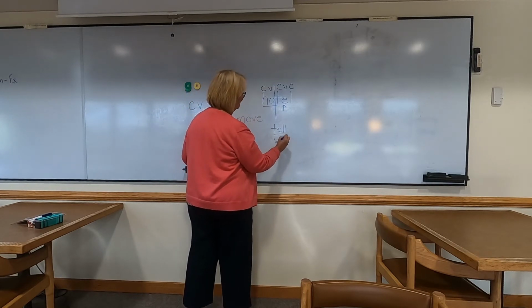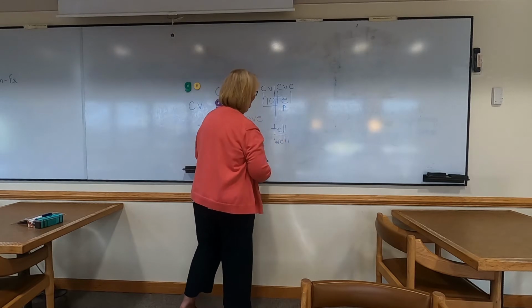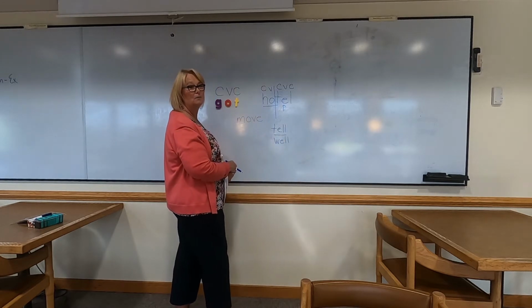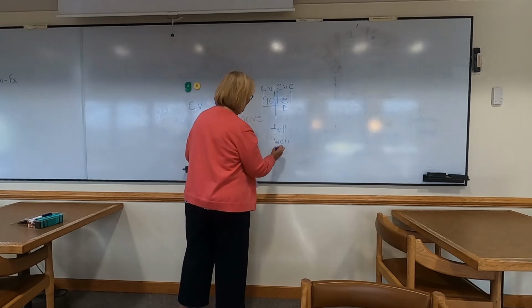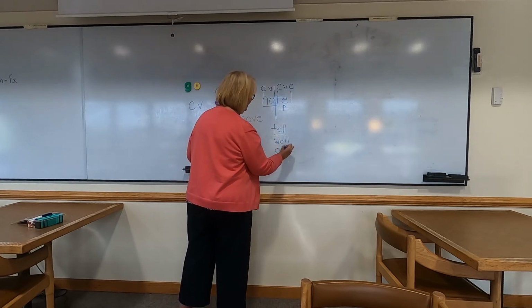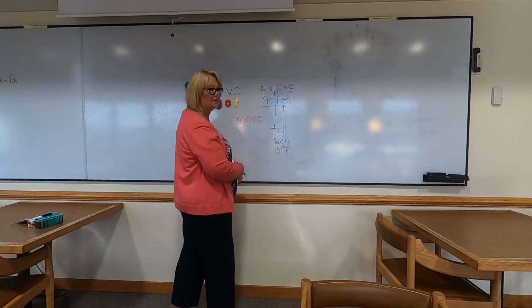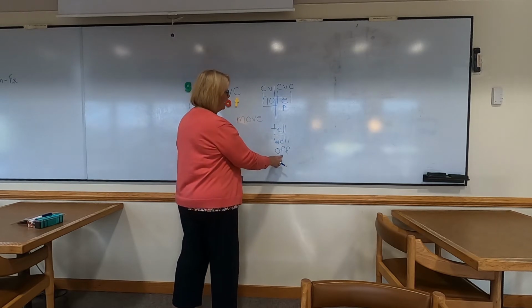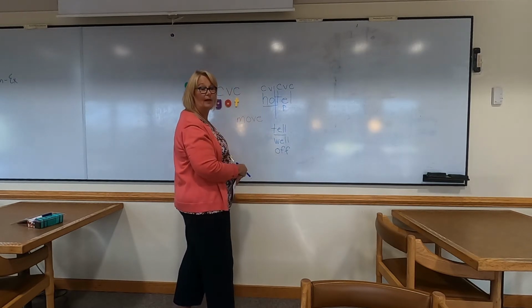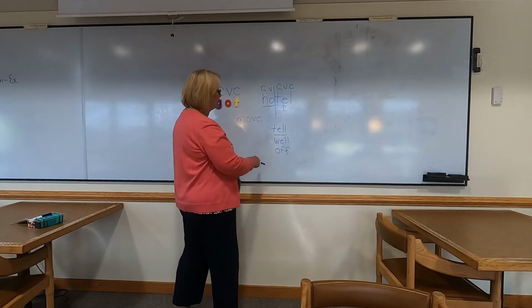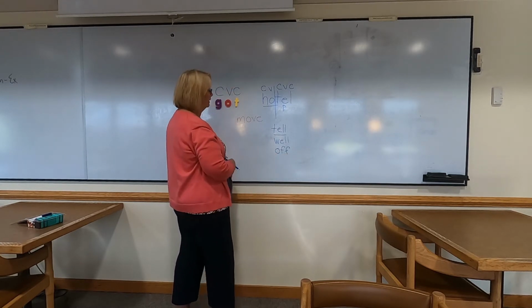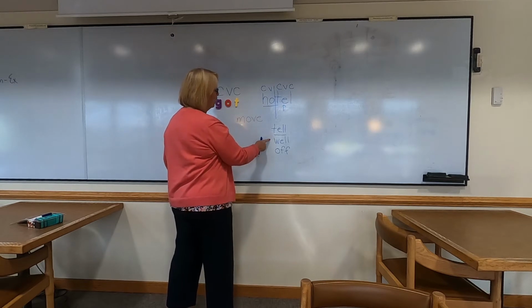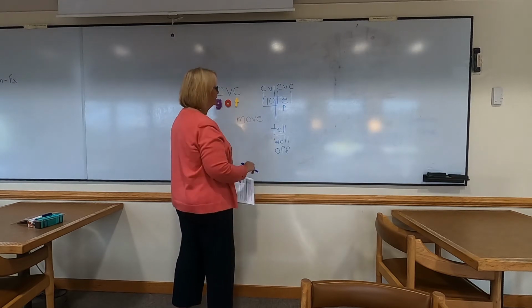We change the first letter and make it a W, and it becomes well. And our last high frequency word is off. Off. That is the opposite of on. We turn the lights off when we leave a room.